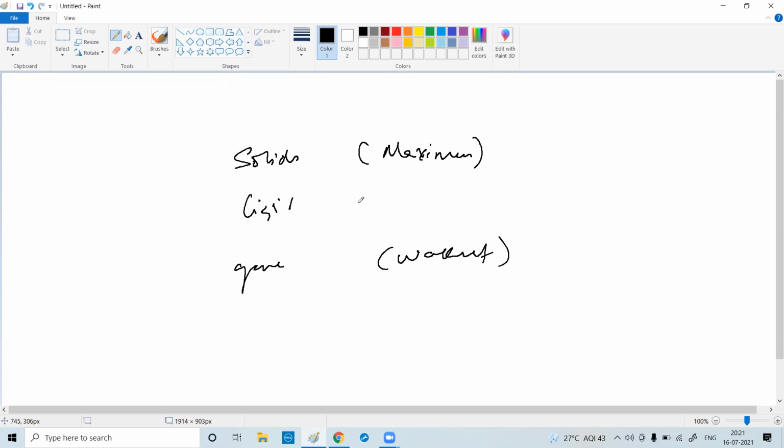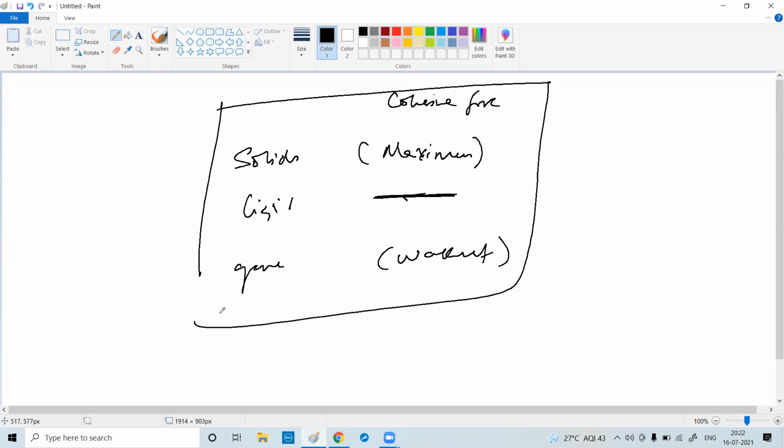So liquid is something like medium. Is it clear? Sir, can you repeat again? The cohesive forces are strongest in solids, and they are weakest in gases.